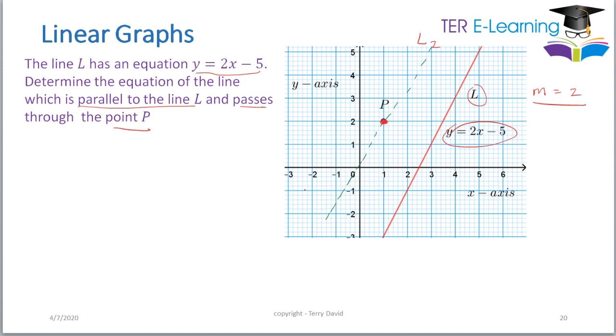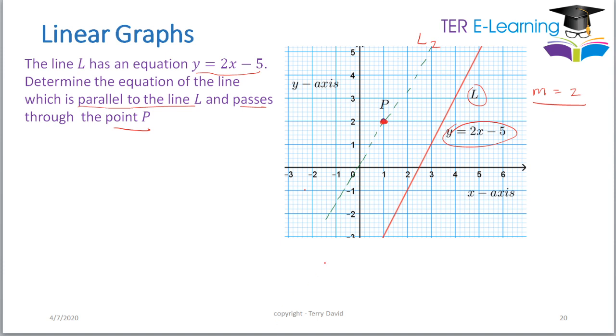What is the gradient of L2? All right, so Del is saying 2. Tiana is saying 2. Emily is also saying 2, right? Now, the reason why you all are saying 2 is because they are parallel. And parallel lines have the same gradient, right? Great, Jasmine, Josiah.